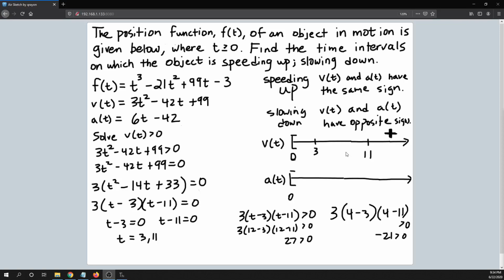Okay, so that's a negative, so that means that if I take any number in the interval between 3 and 11 and plug it into the velocity function, I will get a negative number.